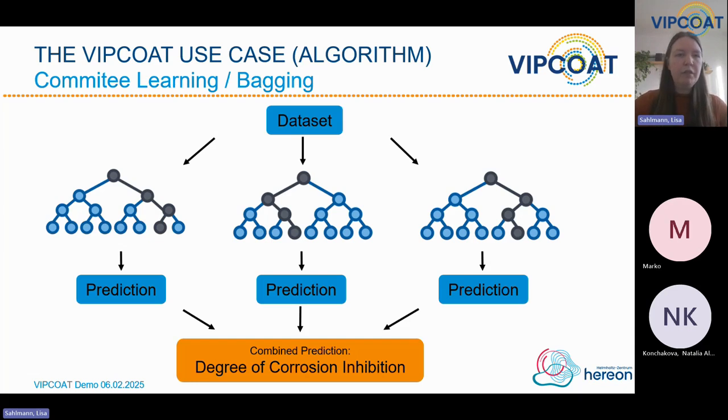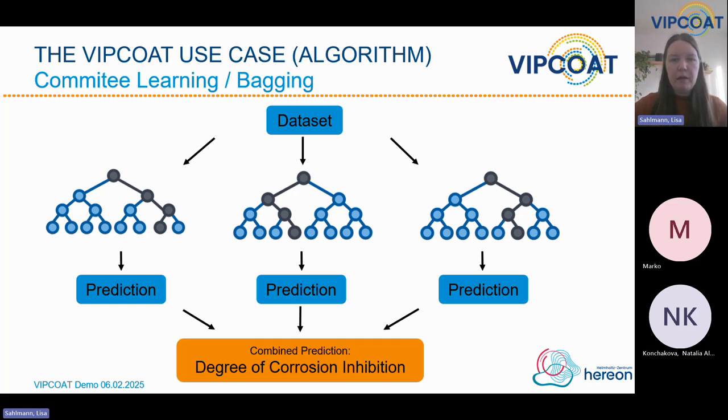A little bit about random forest, or in general committee learning. So a random forest is constructed by a multitude of decision trees. These are the little trees here on the slide, and the decision tree is in a hierarchical structure. And the different branches here represent the decision-making steps.